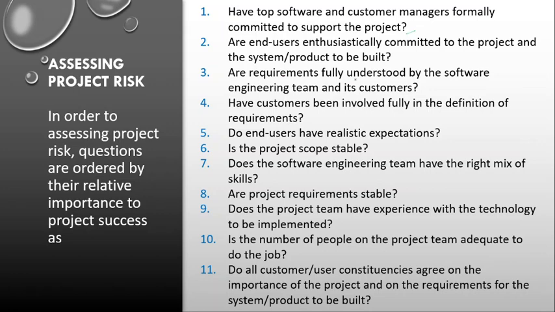So are the requirements fully understood by the software engineering team and each customer? That means we have to identify all the requirements that are agreed by both the customer as well as the engineers, the developers.